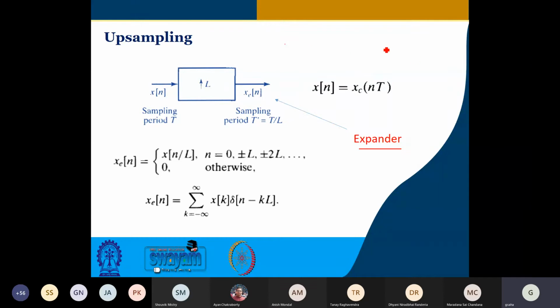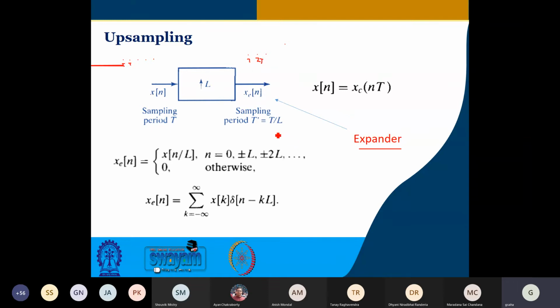Now again, if we try to look at this side, we have got samples at these places, at every t. Right. Now this side, what do you want? If L is 2, then this is my t, this is 2t.